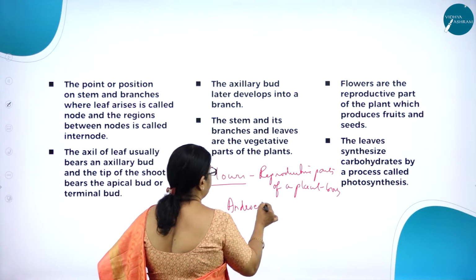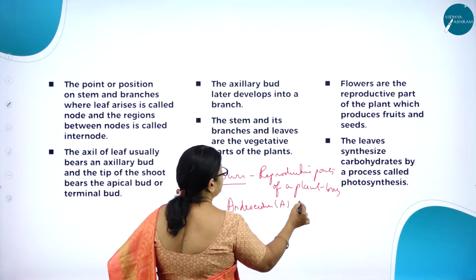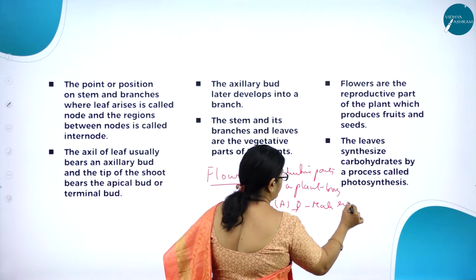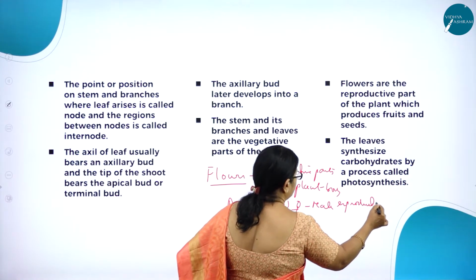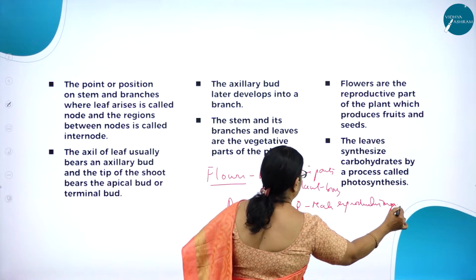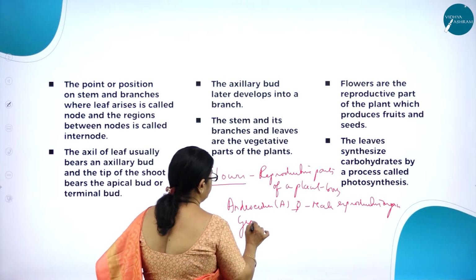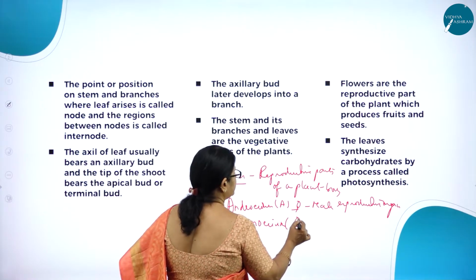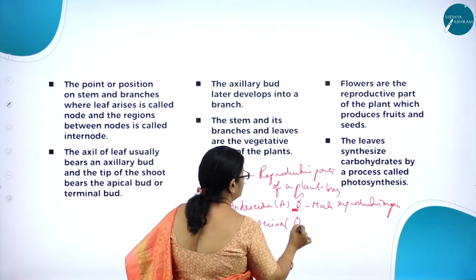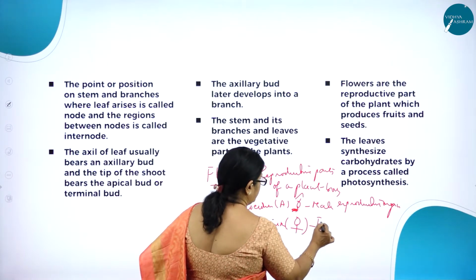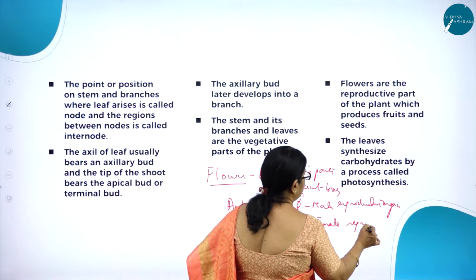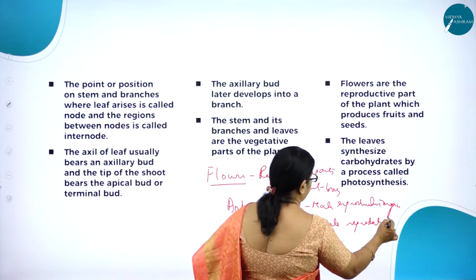Androecium, that is the male reproductive organ, whereas the gynoecium, the symbol we use like this, that is the female reproductive organ.